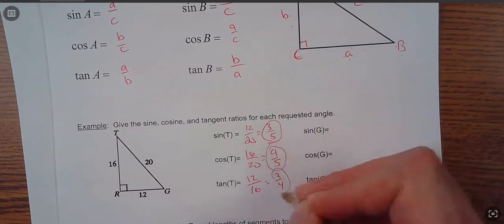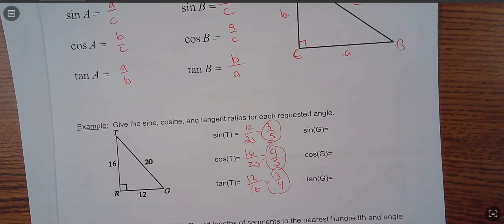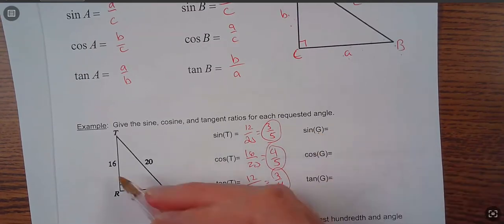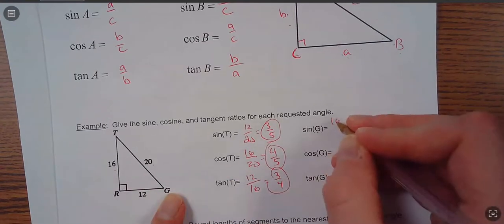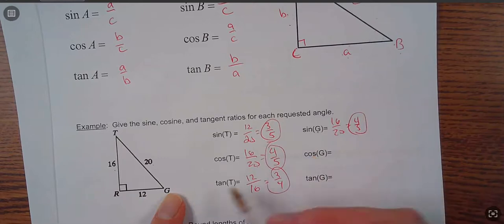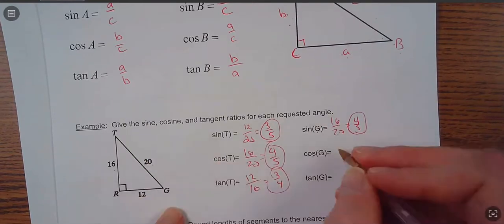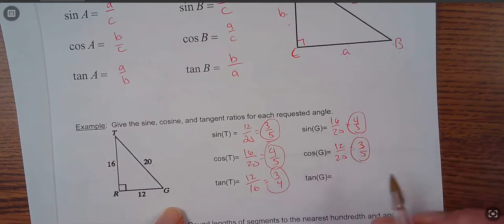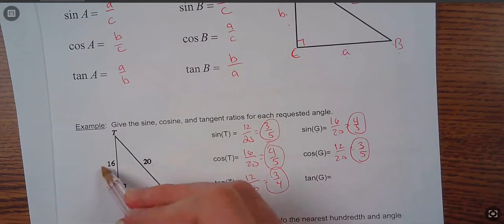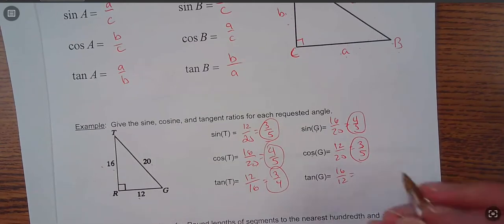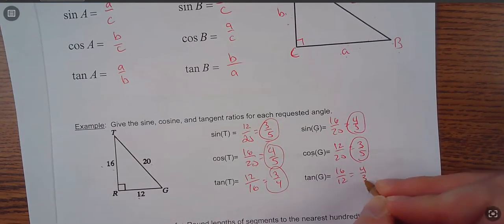Now if I'm switching to a new angle, all the ratios change. They're going to be not totally different, but it's going to be different orders. So sine of G, opposite over hypotenuse, 16 over 20, which is 4/5. Cosine of G, adjacent over hypotenuse, so 12/20, which would be a 3 to 5 ratio. And then tangent of G, opposite over adjacent, so 16 over 12, which is 4/3.